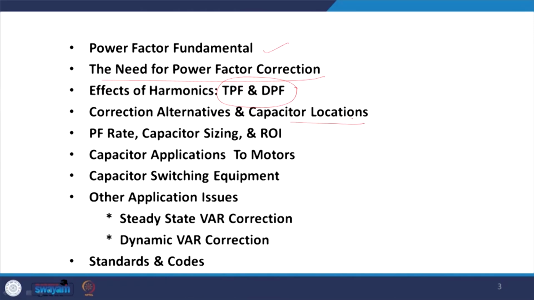Thereafter, we shall see capacitor sizing and the return on the investment, capacitor application to the motor, capacitor switching equipment, and thereafter steady state VAR and dynamic corrections, and the standard and the code.